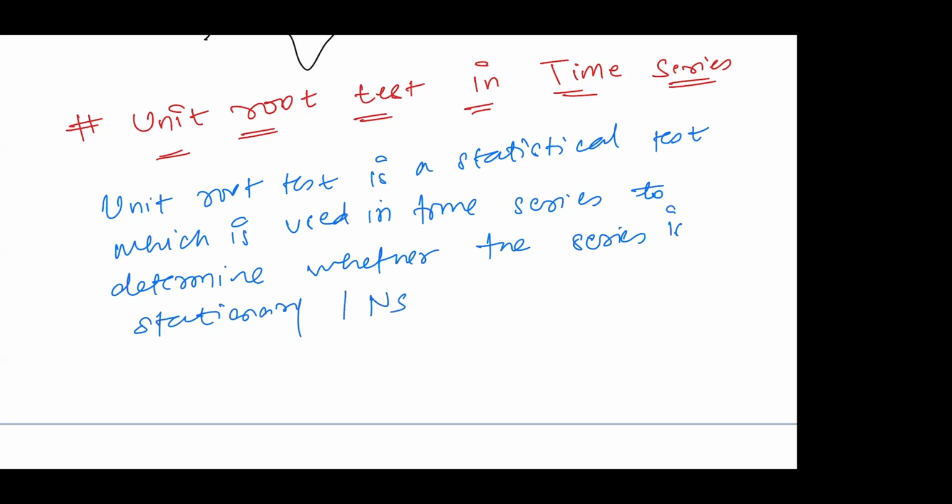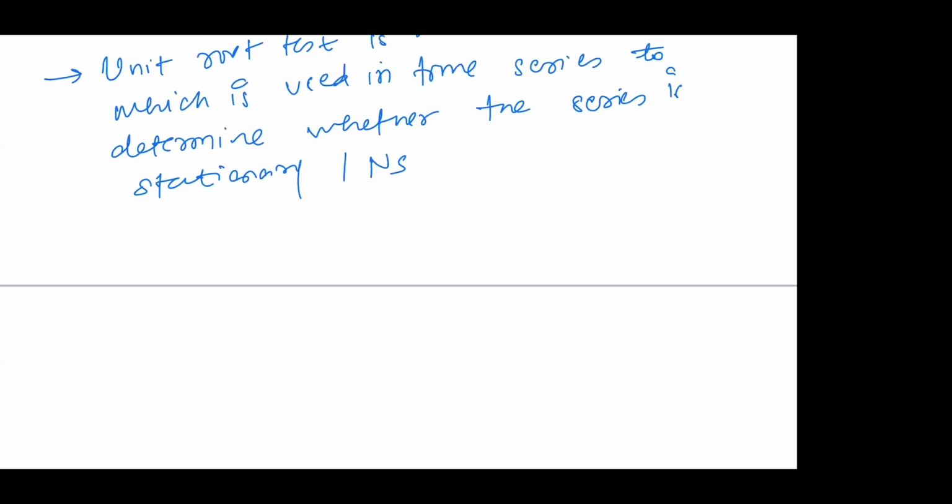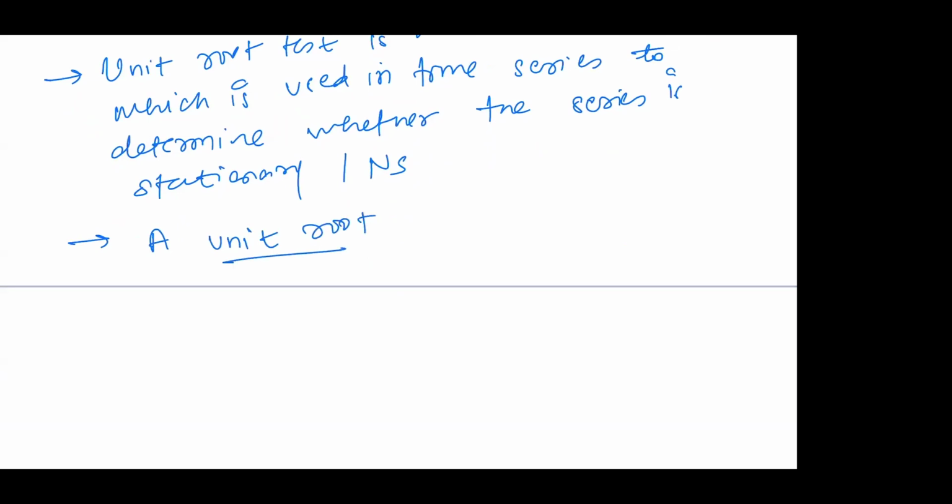This is the first thing. The second thing is a unit root. Now we are just saying unit root, not the unit root test. A unit root is a characteristic of a non-stationary time series.